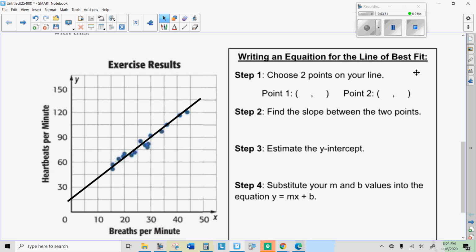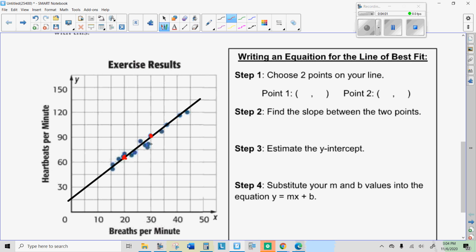So I'm going to make the equation for that line. The first thing I'm going to do is look for 2 points on the line that I can use to get my slope. That one looks pretty good right there. Actually, I'm going to change my mind a little bit here. I think the one I got there and this one right here are both at the same slope as the line.